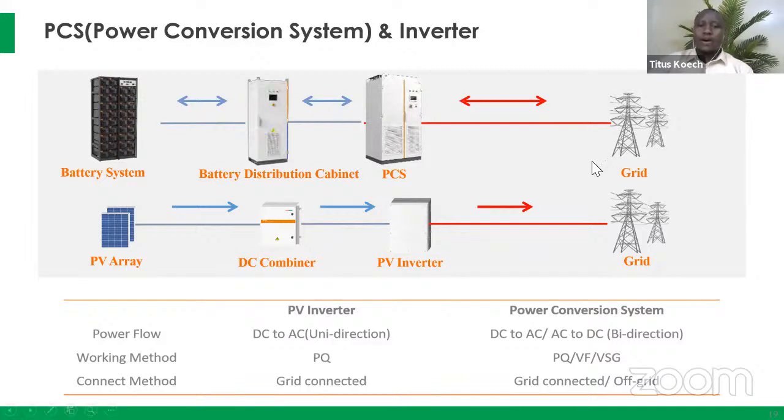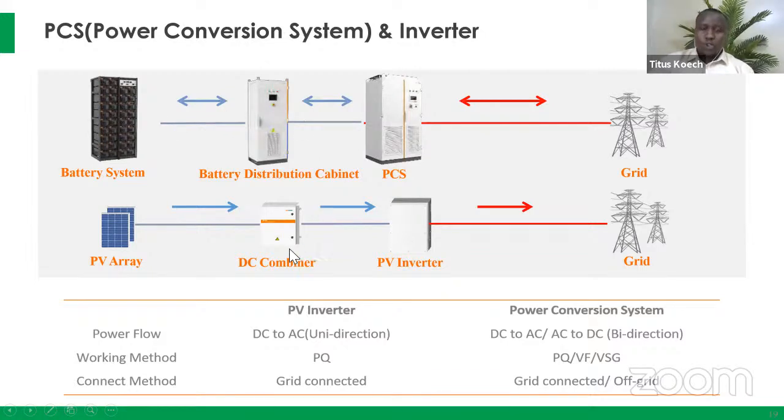So the power conversion system is bidirectional, in that you can do conversion from DC power from the batteries to AC, that is usable for your loads, or rather the grid. And also you can use it to convert power from AC to DC, to be able to charge the batteries.